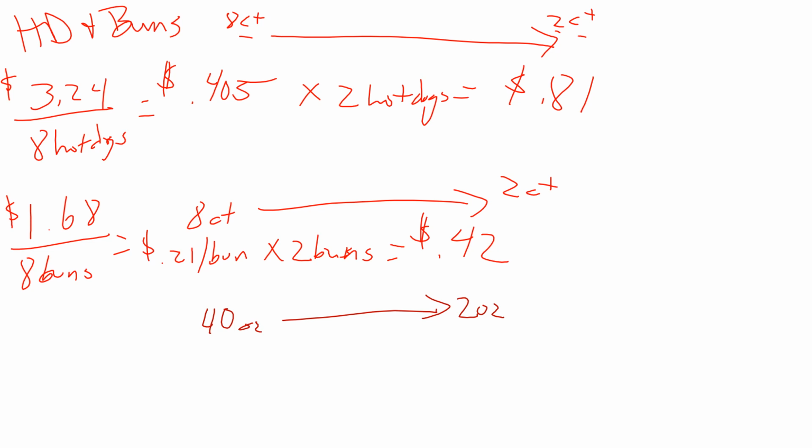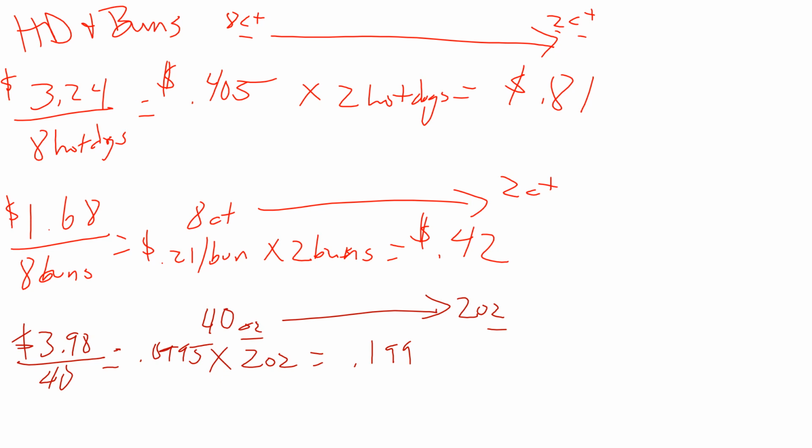Our units match, so we're in good shape. $3.98 divided by our 40 ounces gives us 0.0995. We multiply that by our 2 ounces and we get 0.199. Now that's just for 1 hot dog.